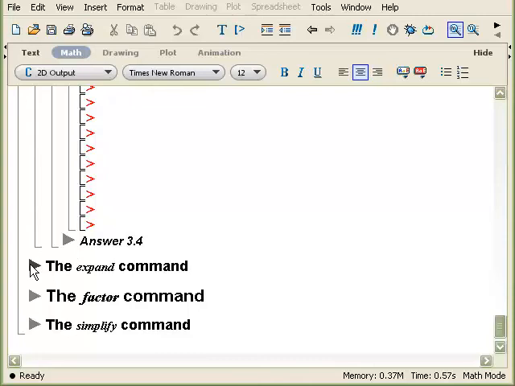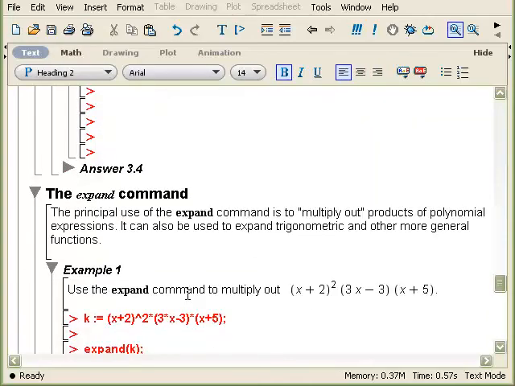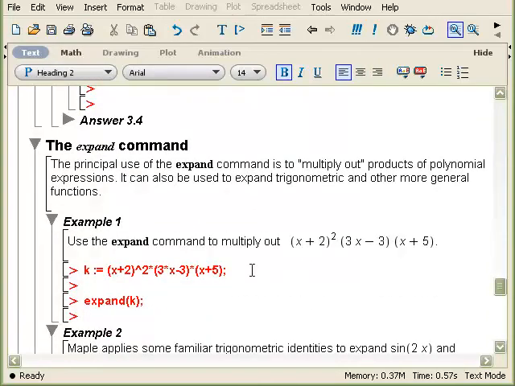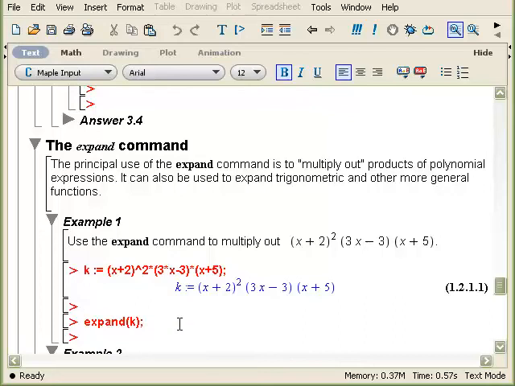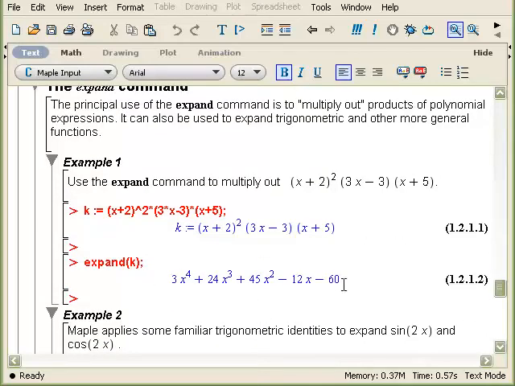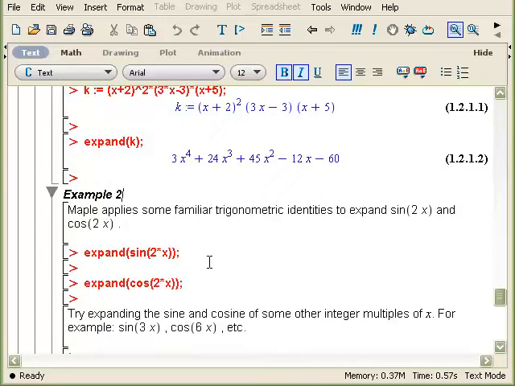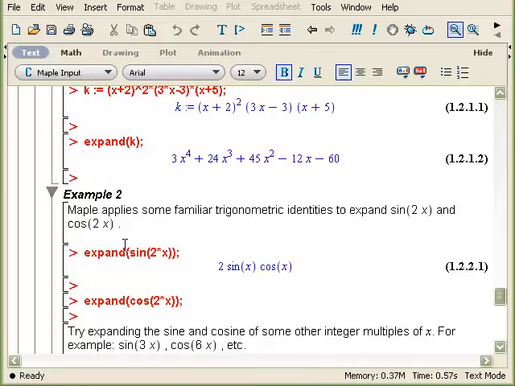Okay, the next part is expand. We already used it once in the previous case, but let's do it again. When k is a product of these many terms, expand k gives us this polynomial style result, right? And sine 2x, actually we have an identity in trigonometry, so expand will give you that result.